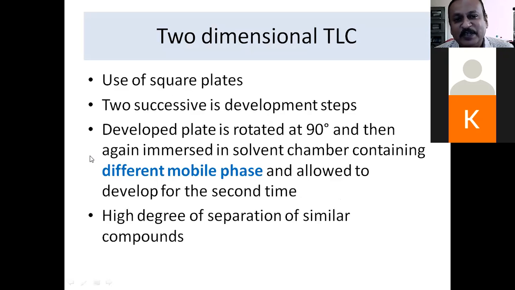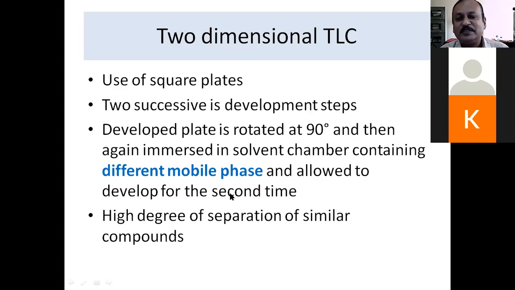Then, just as we have seen in paper chromatography as well as in electrophoresis, we can have two-dimensional thin layer chromatography. Run your chromatography in one particular direction, and after the run is over, remove the plate, tilt it 90 degrees, and keep it again in a different mobile phase. I have highlighted these words here: a different mobile phase is very important.